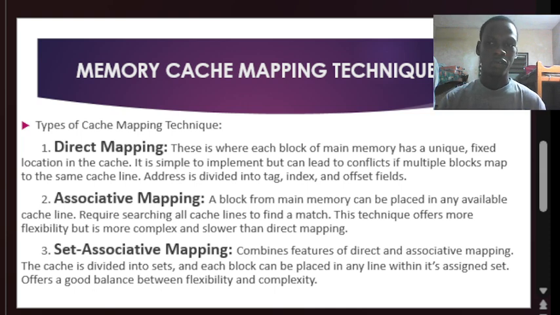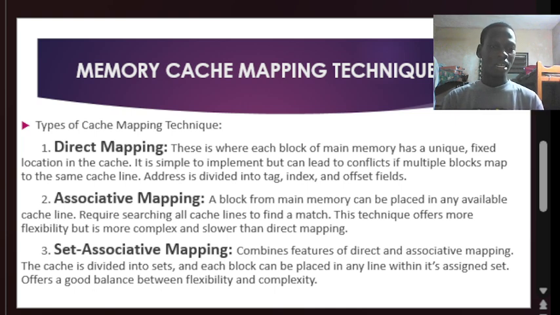So for you to find the data that matches the address, you have to check all the cache lines to find the data that matches it. This technique offers more flexibility but is more complex and slower than direct mapping.